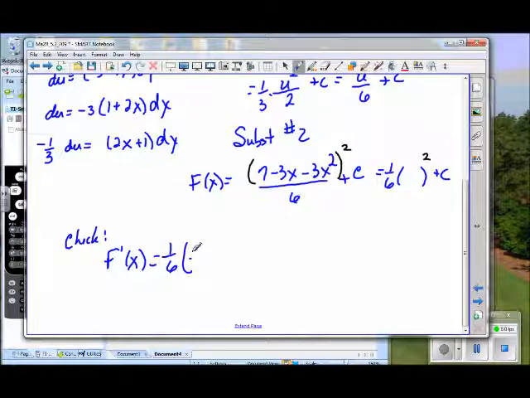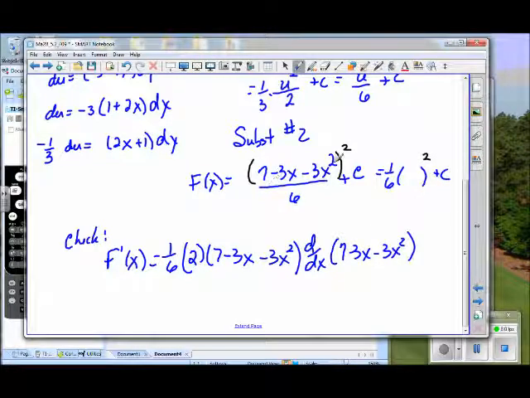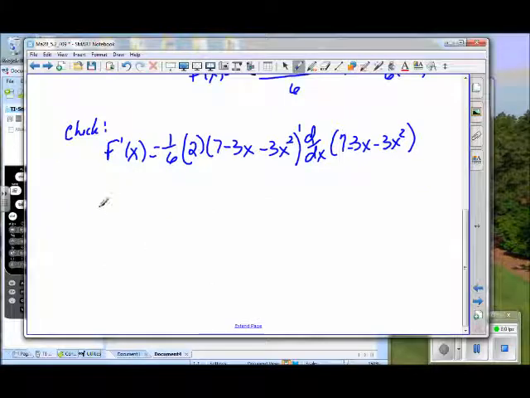So we should have had 2 times the quantity 7 minus 3x minus 3x squared times the derivative with respect to x of 7 minus 3x minus 3x squared. So we're taking the derivative of the outside function, leaving this to the power of 1, and then times the inside function. So now let's see if we get the right answer.